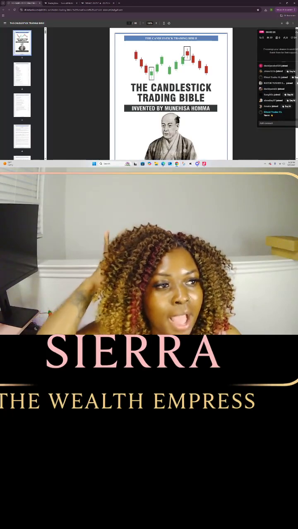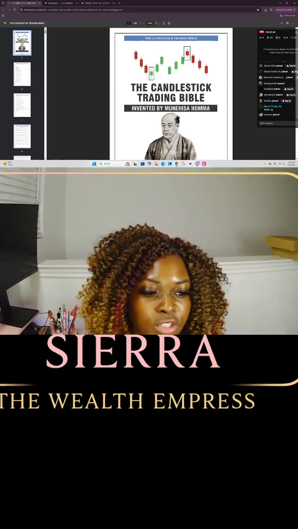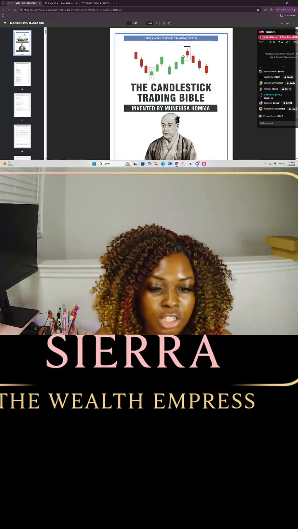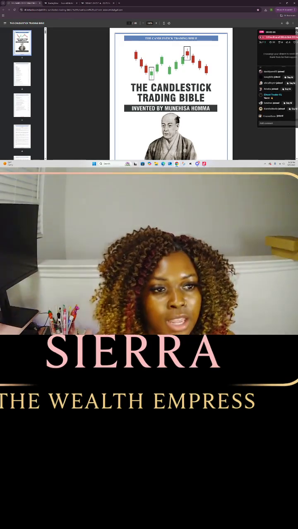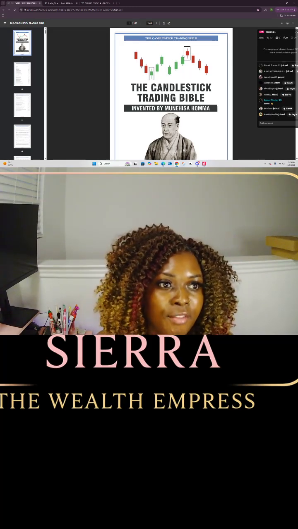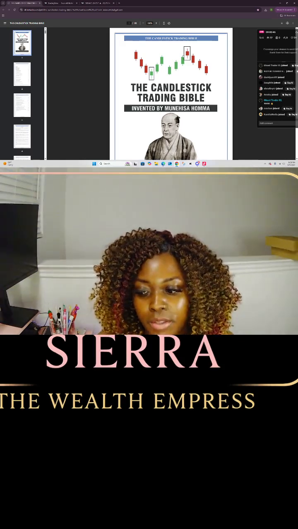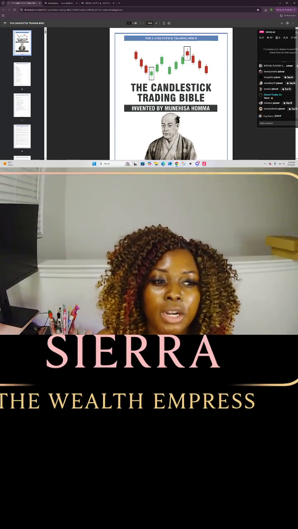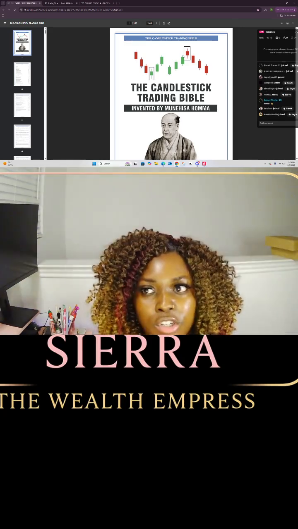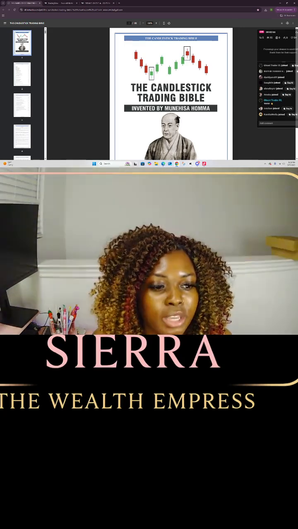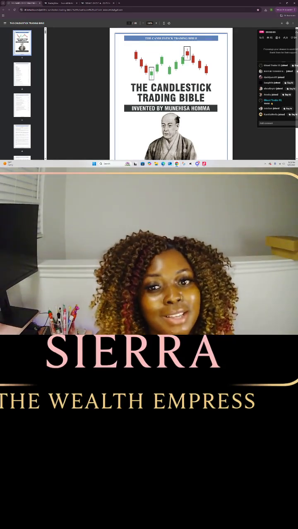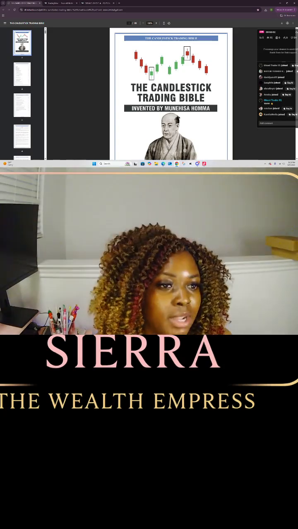In my opinion, these Japanese candlesticks paired with my fair value gaps and my CRT zones are the main portion of your trading, right? News doesn't happen every day, but news is also important. But what's mainly important is knowing how to read these candlesticks and how to know if price is going to continue, reverse, exhaust, or be in indecision.